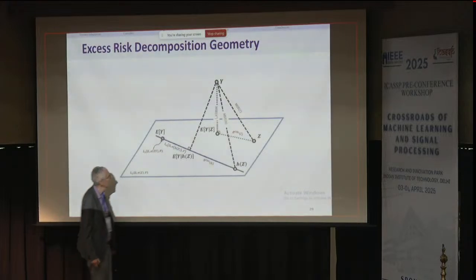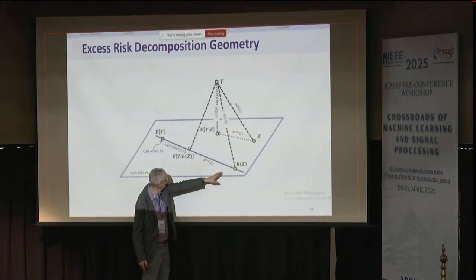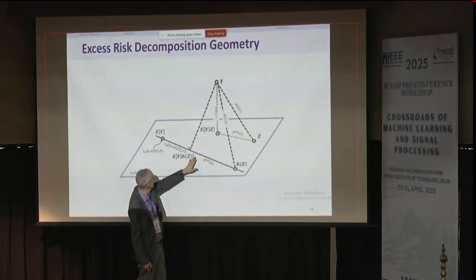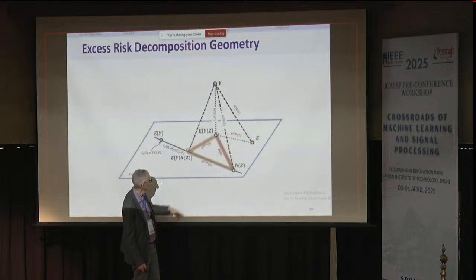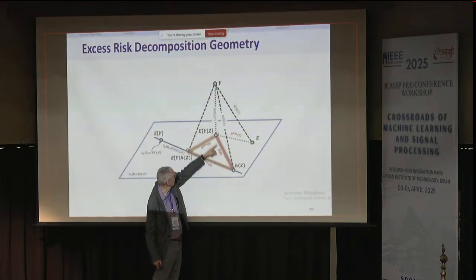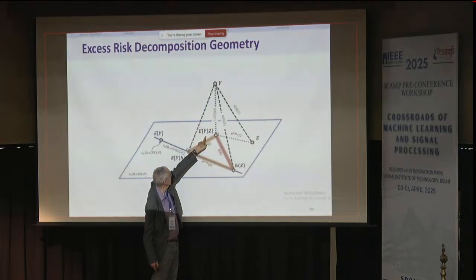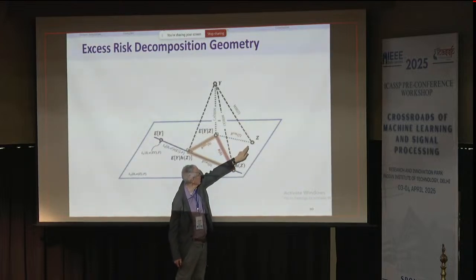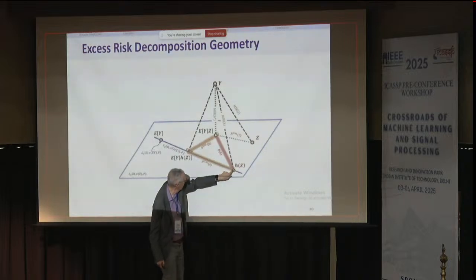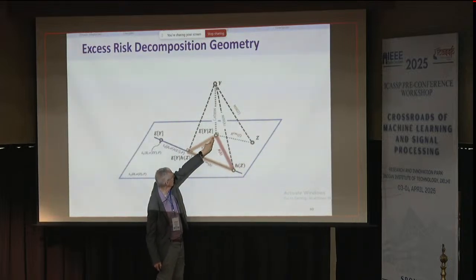And now what we have is a hopefully closer estimate of y with h of z. But more importantly, we are able to better approximate in terms of excess risk, which I'm showing right here. This is the excess risk relative to what you'd be able to achieve if you use the true posterior given z to classify y. It's the excess risk for using h of z. And what we're hoping is that that will be smaller than the excess risk if you use z. Right? So the whole purpose is to make this h of z closer to this expectation of y given z.